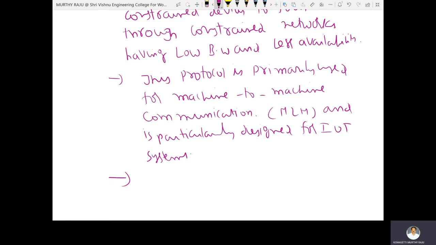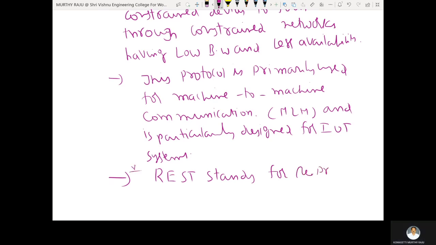It also uses a RESTful architecture. REST stands for representational state transfer, a very, very important point.